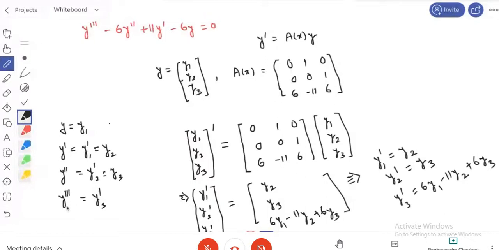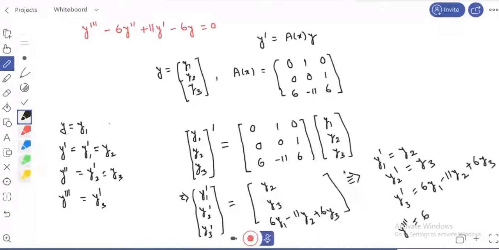Look here, what is y3 prime? Y3 prime is y triple prime, the third derivative, that equals 6 times y1, and y1 is simply y, so it is 6 of y minus 11. What is y2? Y2 is y1 prime. This condition holds. And what is y3? Y3 is y2 prime.